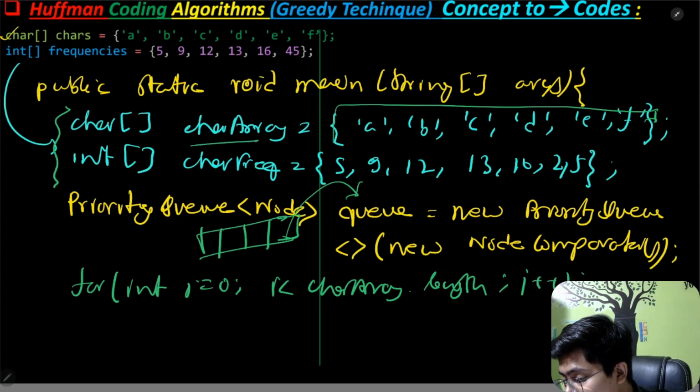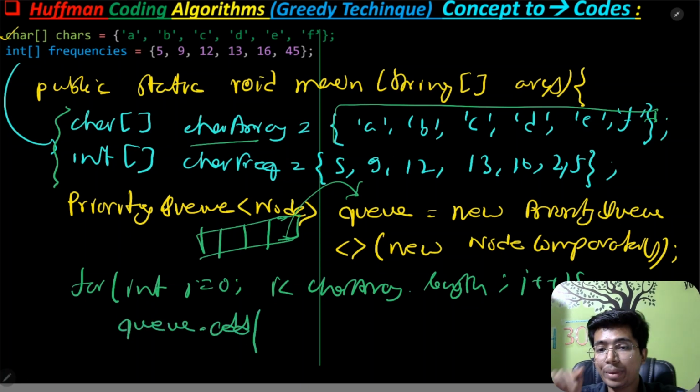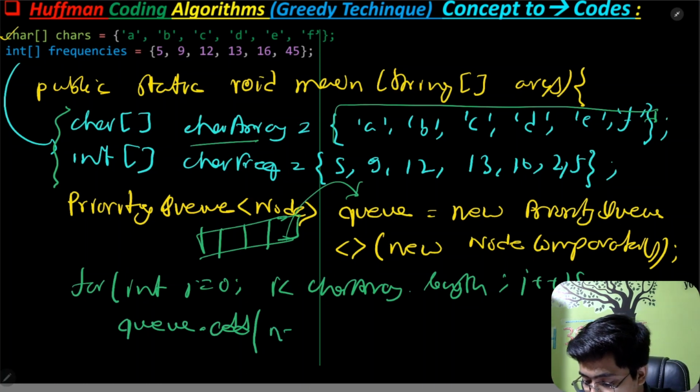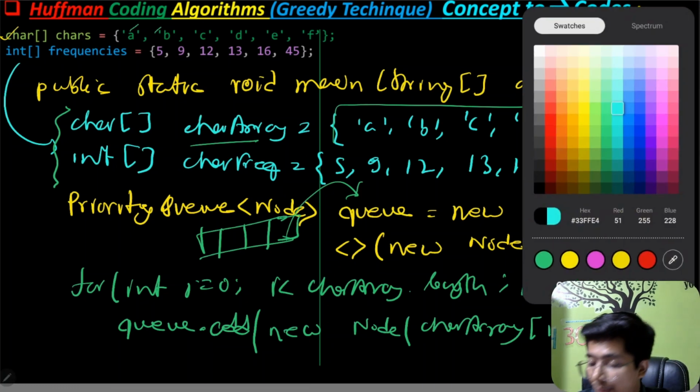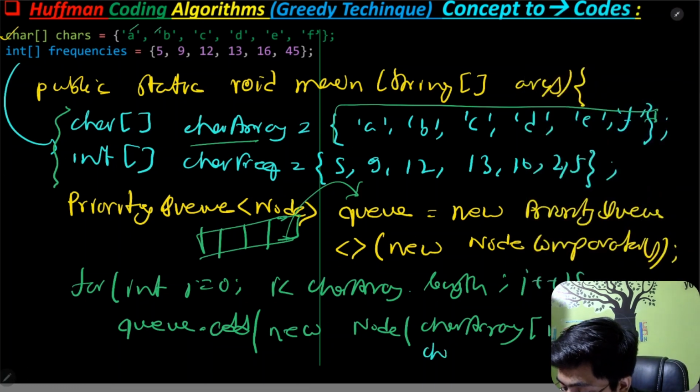And now we'll be adding queue.add, invoking the constructor of the Node class: new Node, and we'll be passing the character array of i, comma, and now we'll be passing the characterFrequency of i.